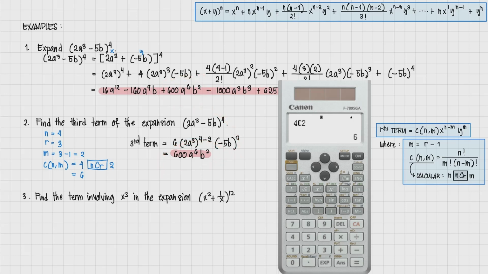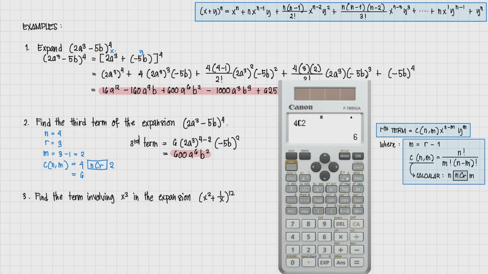Okay, so what if reversed? As in example number 3, we're going to find the term involving x raised to 3 in the expression x raised to 2 plus 1 over x raised to 12. So, paano pagbaligtad na? We're still going to use the same formula. Reverse lang yung magiging approach natin. So, let's write down the given.